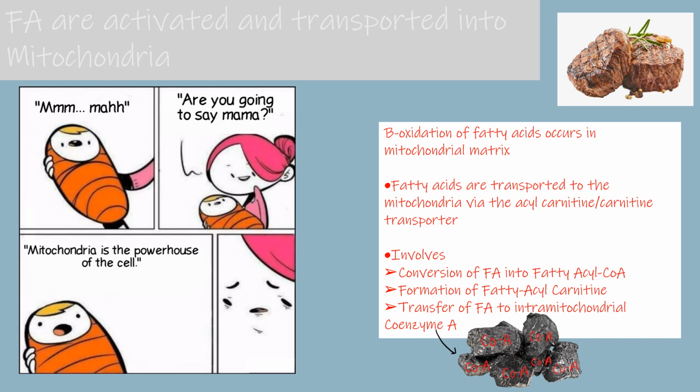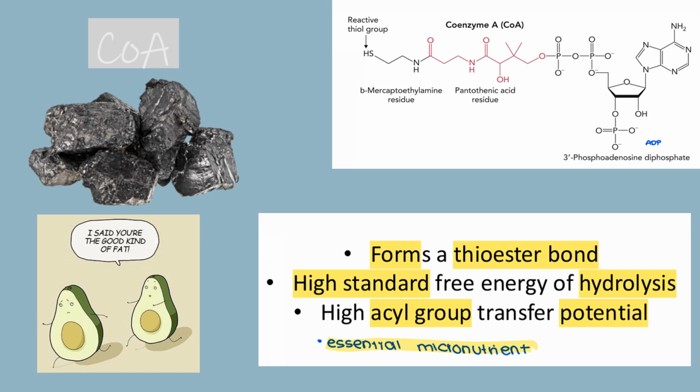So just remember, CoA is cow. So yeah. And then coenzyme A, or CoA for short, is derived from vitamin B5, and from many of the groups, avocado is part of the vitamin B5 group.